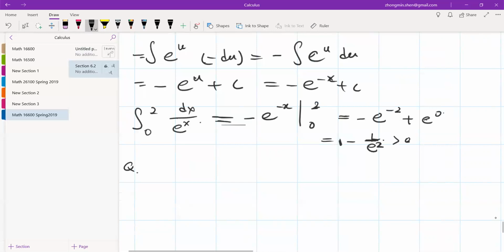There'll be another one. It's the integral from 0 to 1.